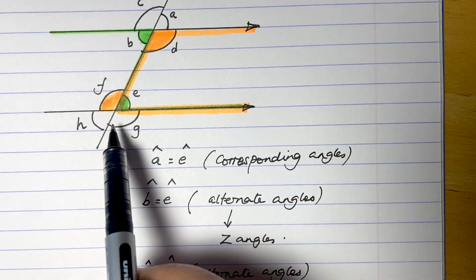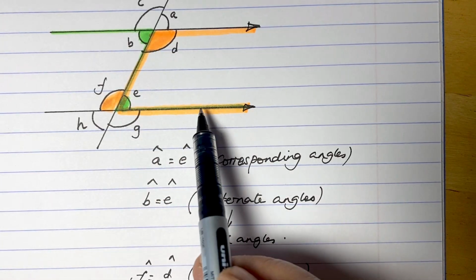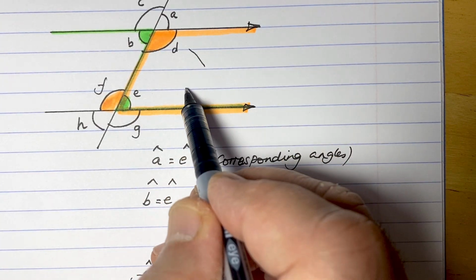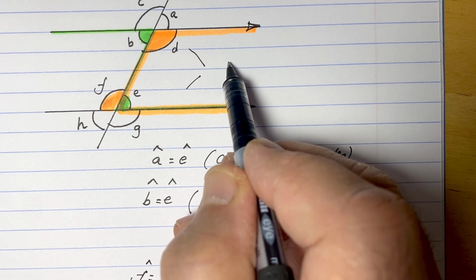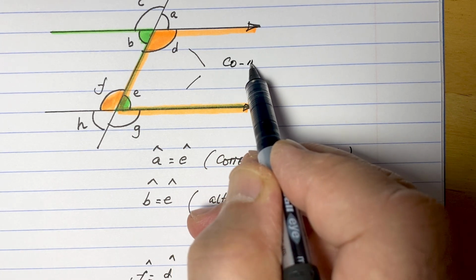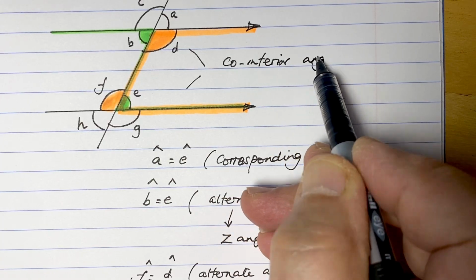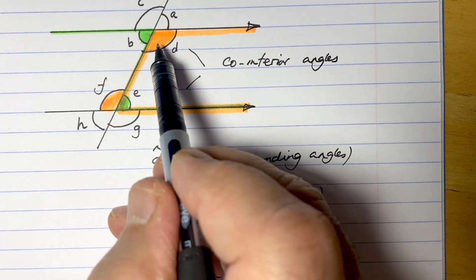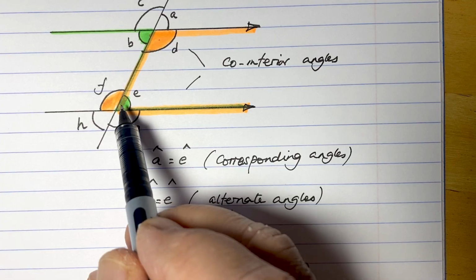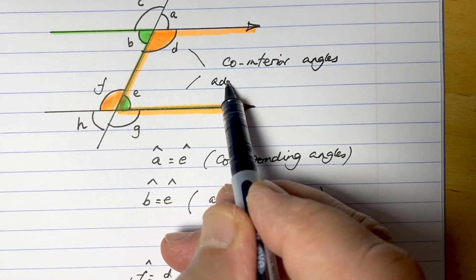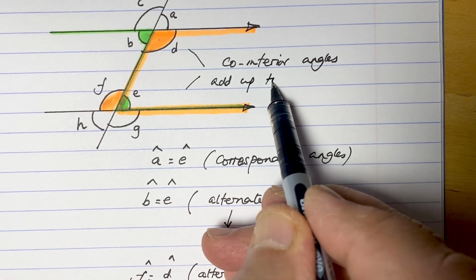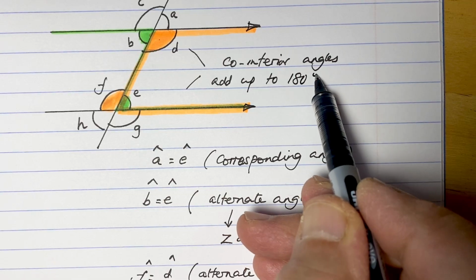The C angle or the U angle, these are called co-interior angles. And because one is a large one, one is a small one, they add up to 180 degrees.